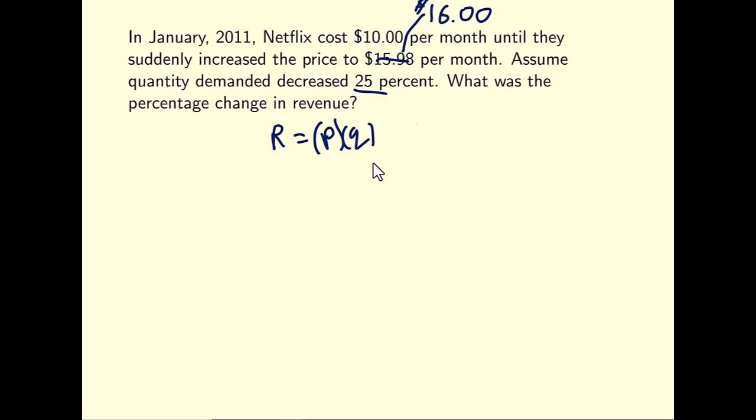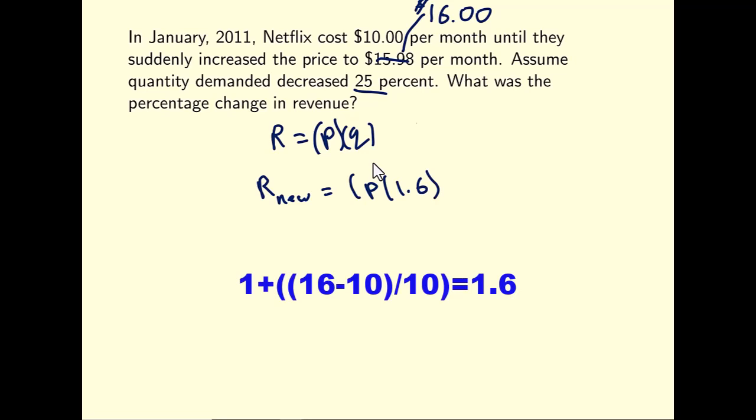I know the relative rate of change in the price is going to be about a 60% increase, right? It's going to go from $10 to $16. That's a 60% increase. And the quantity demanded is going to decrease by 25%. So I could write R new is going to be equal to the old price multiplied by 1.6.